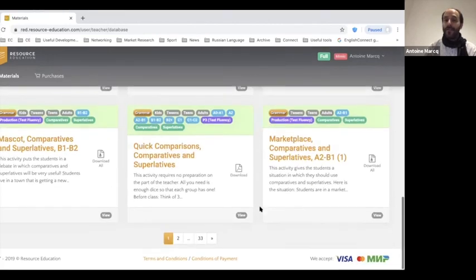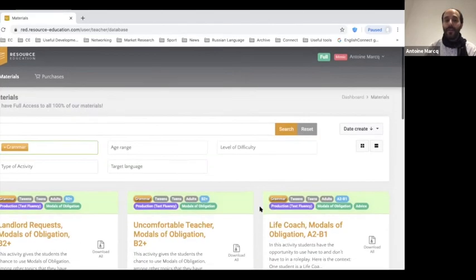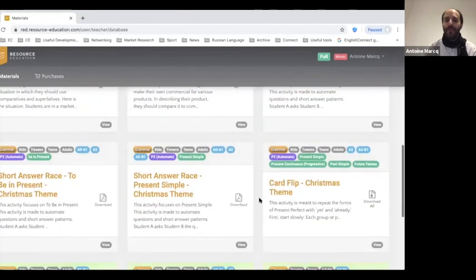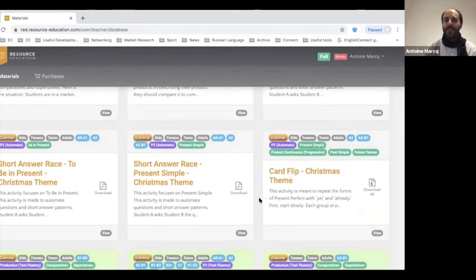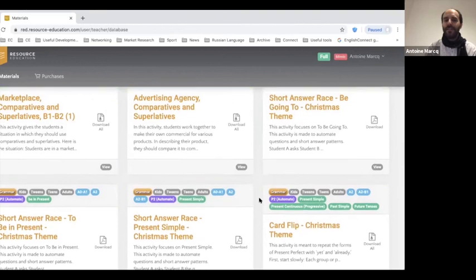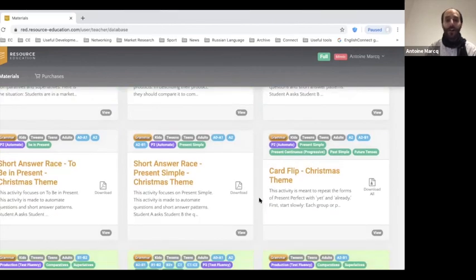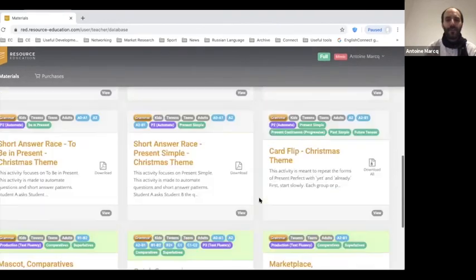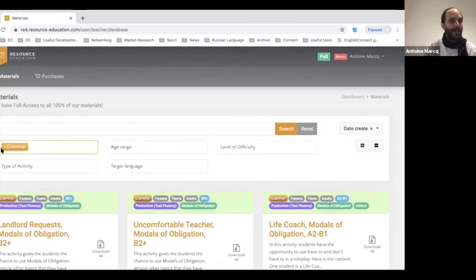To summarize, new this week, we have loads of Christmas themed activities. So we have 3 short answer races and a card flip, all Christmas themed, to automate, to build reflexes with our students this week, but distracting them with Christmas.